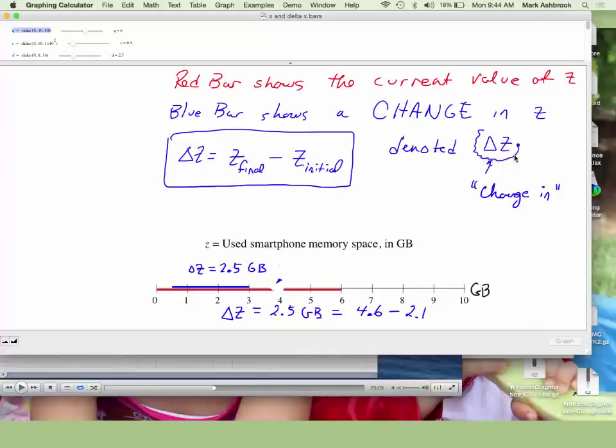We can define a variable as delta z or delta x, right? Because it can take on many values. But we have to know that when delta z takes on a value, there are different starting values of z at which we could apply that change in z. Here I'm showing starting at 0.5 gig, ending at 3 gig for a change of 2.5.